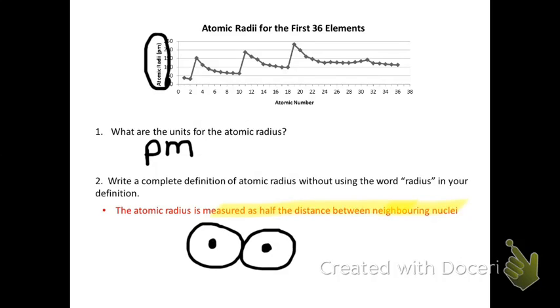We're going to essentially measure the distance from one nucleus to the other nucleus, and then we're going to cut that in half. Half of that distance between the neighboring nuclei is considered the atomic radius.